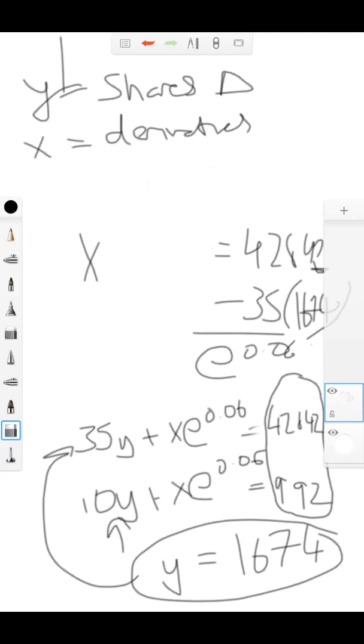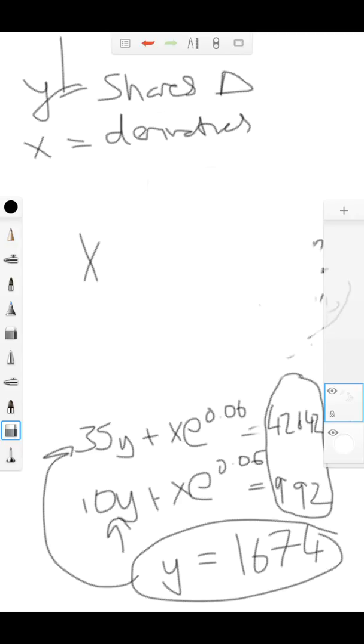Now, if I type this into my calculator, we get 42,842 minus 35 times 1,674 divided by e^0.06. And that will give us what x is, which is actually equal to, sorry, let me just rub this out, x is going to be equal to minus 1,400.907, whatever.